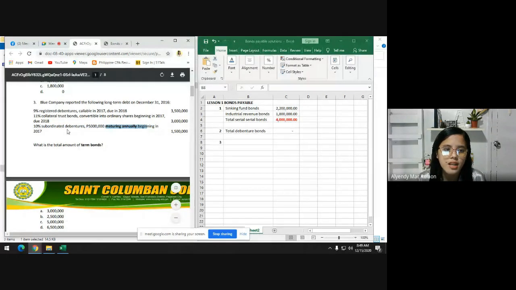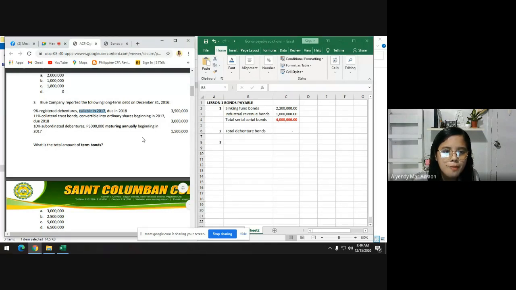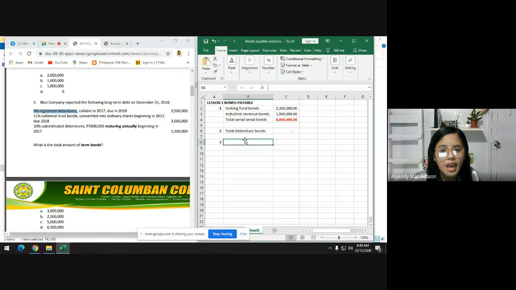That is serial, no? 9% registered debentures, callable in 2017 and due in 2018. So callable means kanang although dili pa siya due pero pwede na siya paninglon. Okay? So since this only has a one-time due date, so that is a term bond.